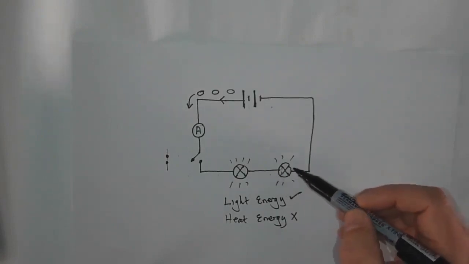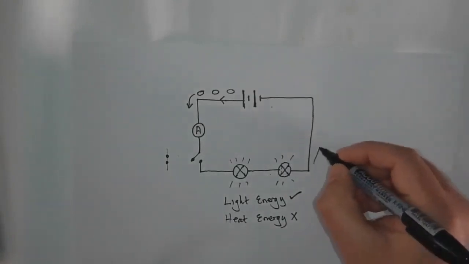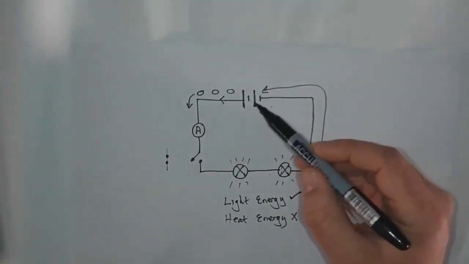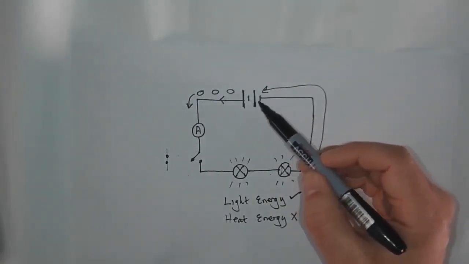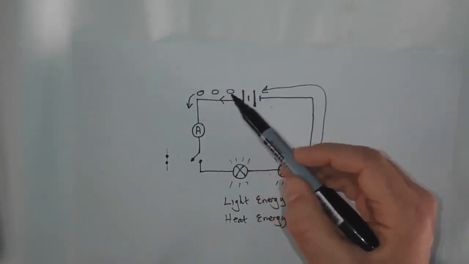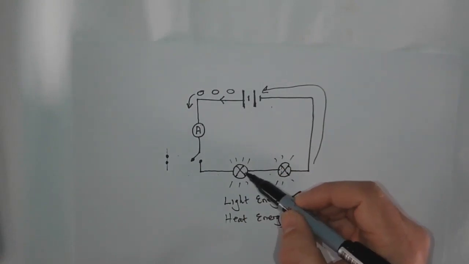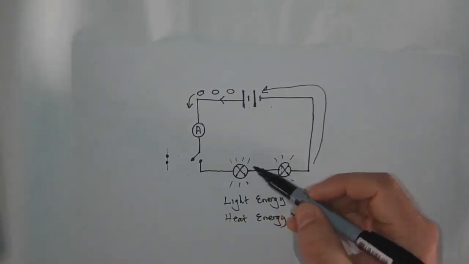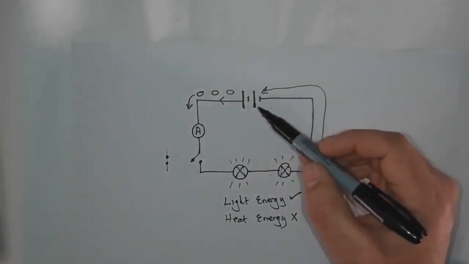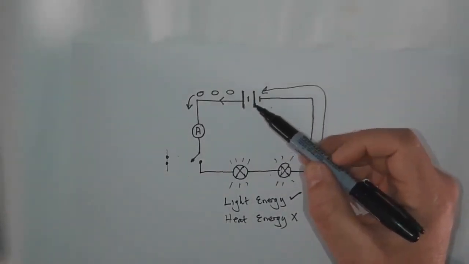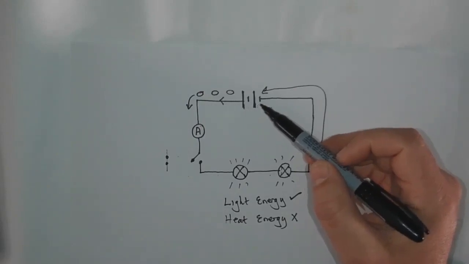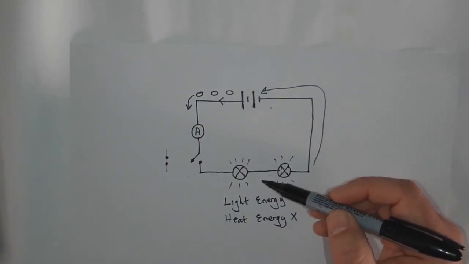So then the charges carry on moving. It also passes through this little bulb, and that bulb also gives off light energy, and then the charges move back to our cells, where the cells supply the charges with more energy, and then the charges exit this side, and then the whole cycle can just go on, and more energy will be converted here from electrical energy to light energy, and that can continue on until eventually later on, it might take a few hours or days, until all the chemical energy in the batteries or the cells was used up, and then the process stops and we don't get any more light energy from the bulbs.